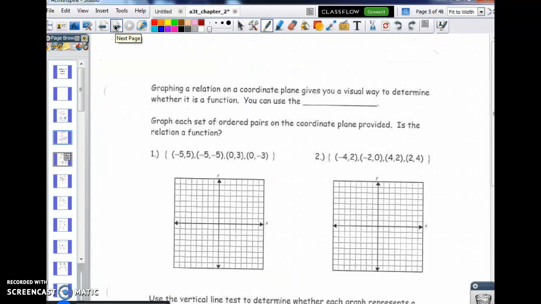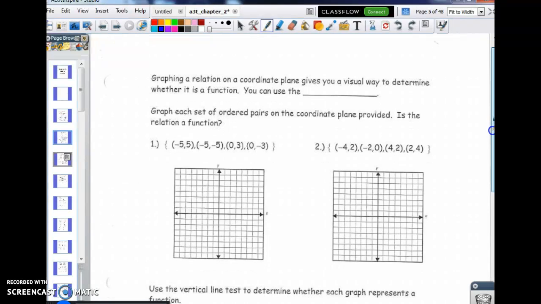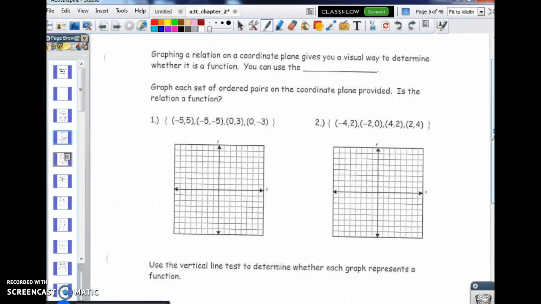Graphing a relation on a coordinate plane gives you a visual way to determine whether it is a function. This is called the vertical line test. As a refresher, vertical lines, up and down, going back to our chapter 1, have an undefined slope.